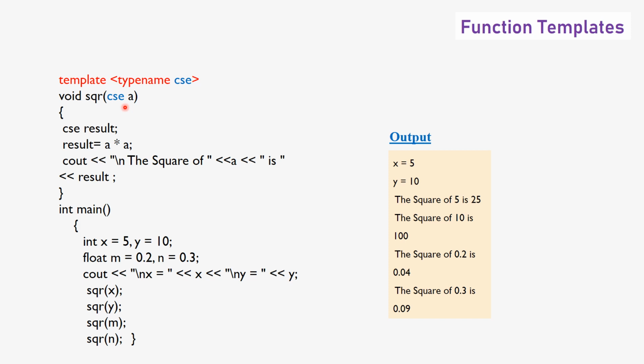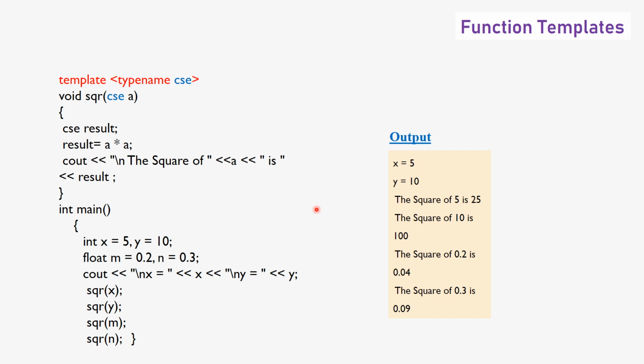So all CSC becomes integer now. That means a is an integer and result is an integer. The multiplication of two integers will be assigned to an integer, and that will be the output. Here x is 5, y is 10, and the square of 5 is 25.